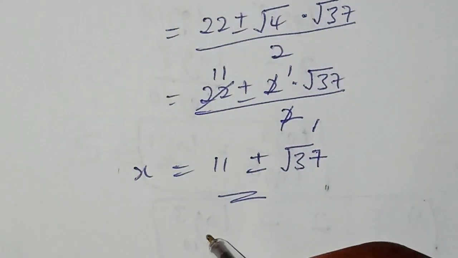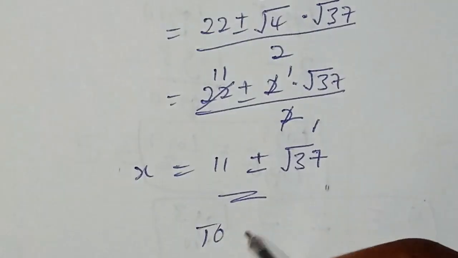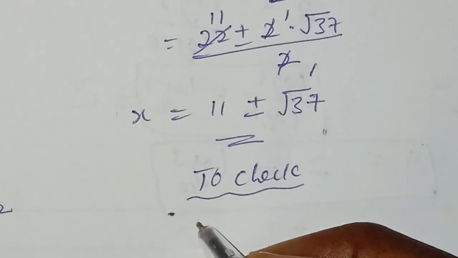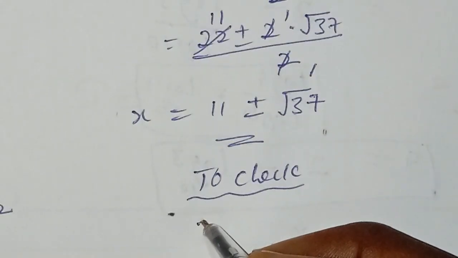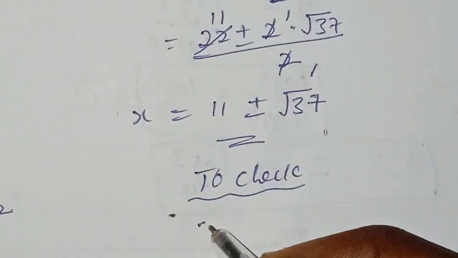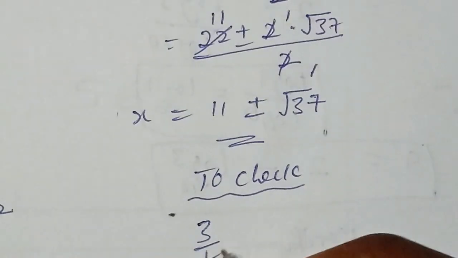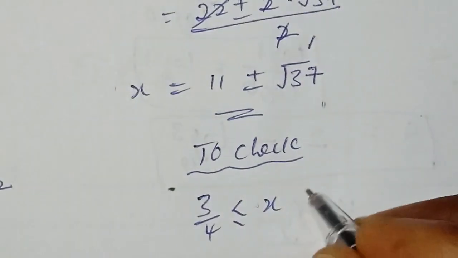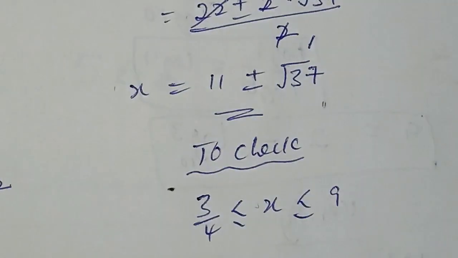So let's check for our domain. Our domain implies 3 over 4 is less or equal to x less or equal to 9.